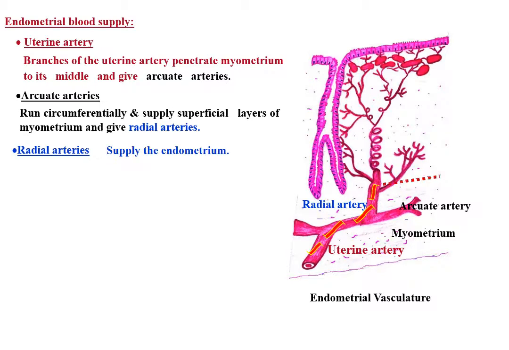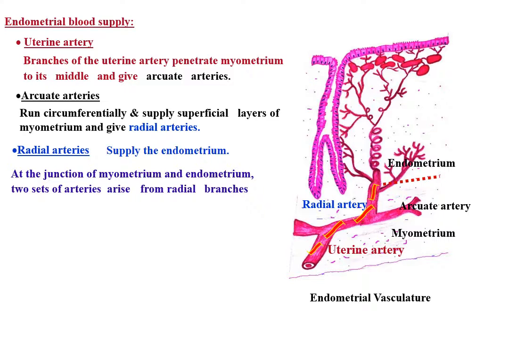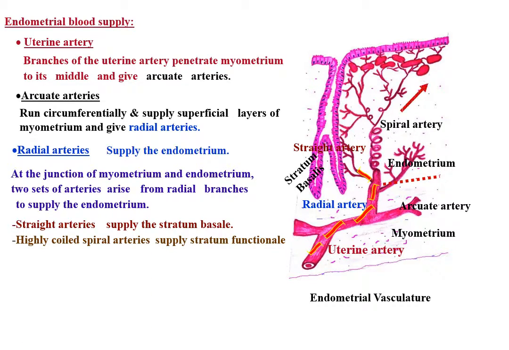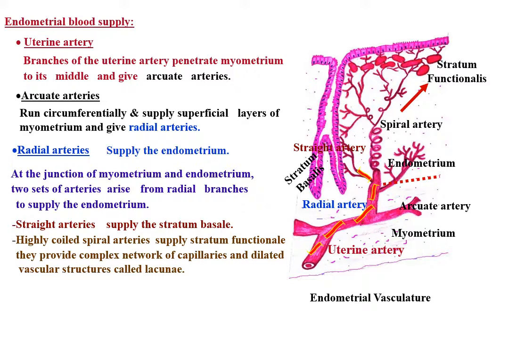At the junction of the myometrium and endometrium, two sets of arteries arise from the radial branches to supply the endometrium. Straight arteries supply the stratum basale or the basal layer, and highly coiled spiral arteries supply the functional layer. They provide a complex network of capillaries and dilated vascular structures called lacunae.